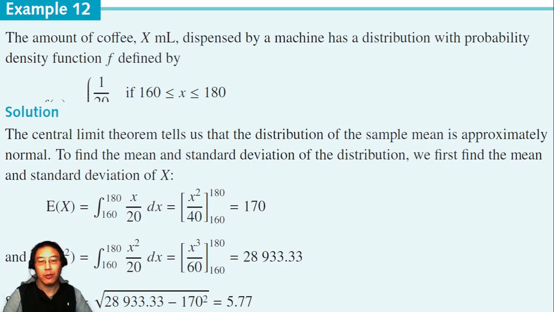Then to move on to the variance, we need to find the expected value of X squared, evaluate that, and then we use the variance formula and square root to find the standard deviation. Those two values of mu and sigma will be used to inform the sample mean variable as a normal distribution.